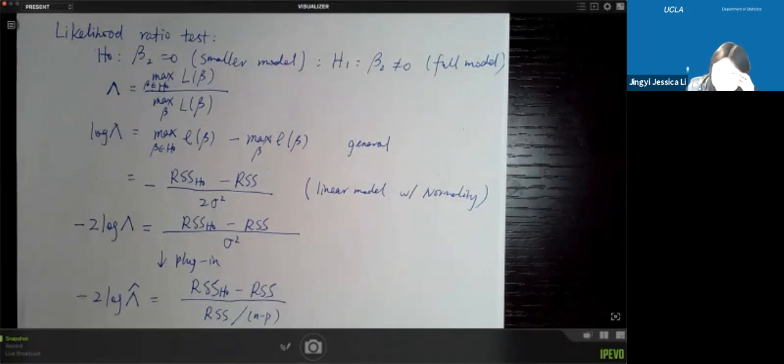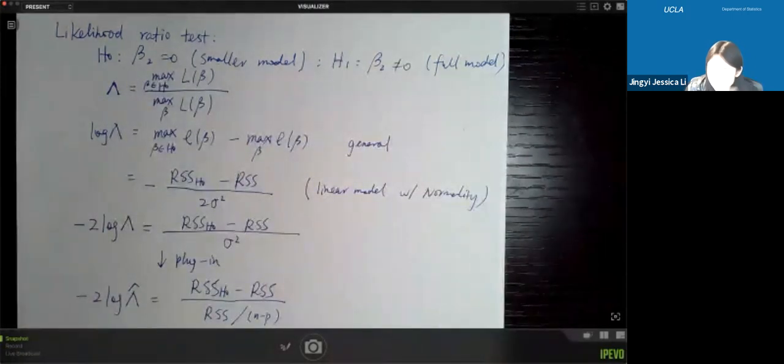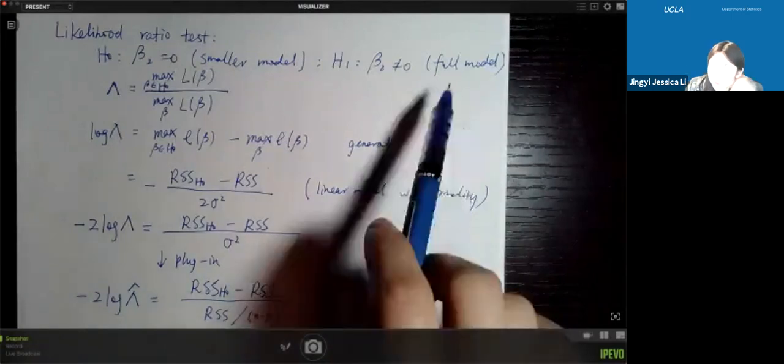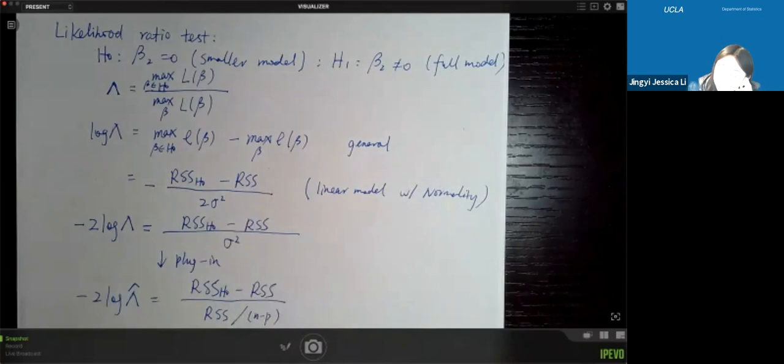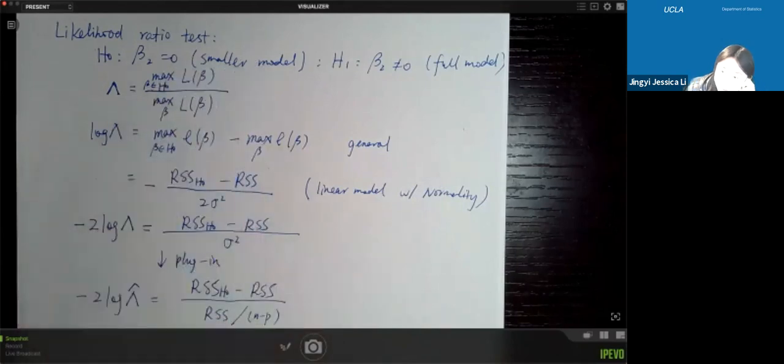I think to me, the best justification is that when we do this whole test, our starting point, our underlying assumption, is that we think the full model is the true model. So given that true model, we are wondering whether a portion of the coefficients are zero. But no matter whether it's zero or not, it doesn't affect our belief that the full model is the true model, not a smaller model.